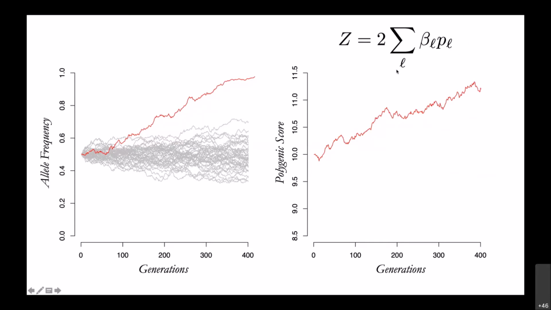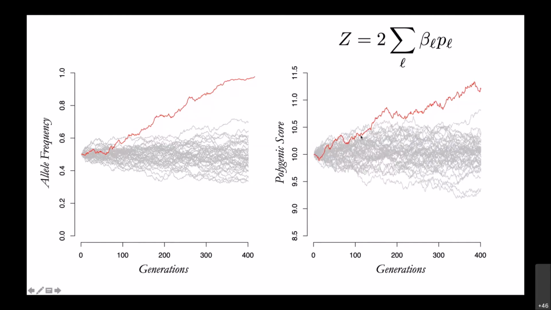This would be like the average polygenic score for a population. Then we see this clear pattern of the polygenic score increasing much faster than, or rather, the change in the polygenic score from generation 0 to generation 400 is much larger than the change that you see if you take random sets of 20 sites and add them up to compute random polygenic scores.